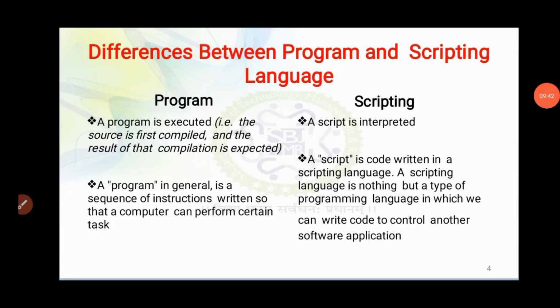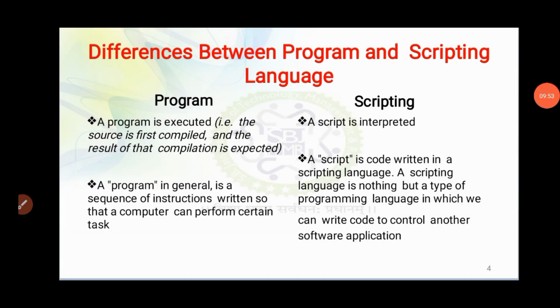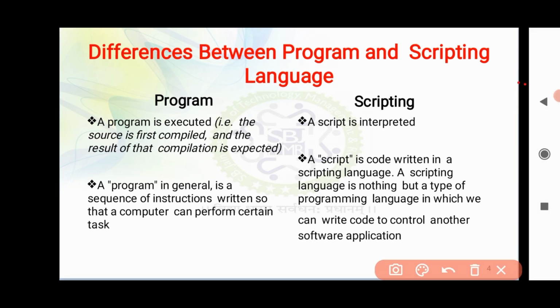Let us move ahead with the next slide of the presentation, which is differences between programming and scripting language. As we know, Python is both a programming as well as a scripting language. Now, what exactly does programming language mean and what exactly does scripting language mean?